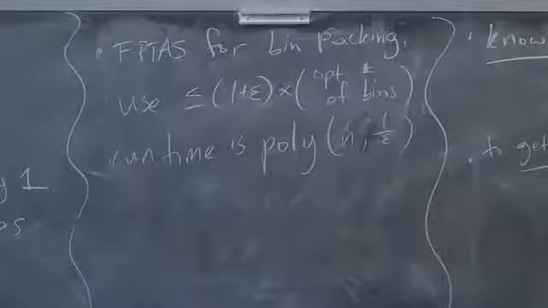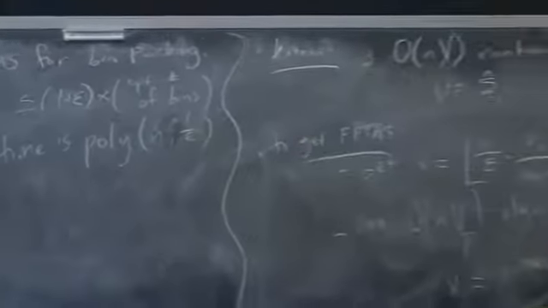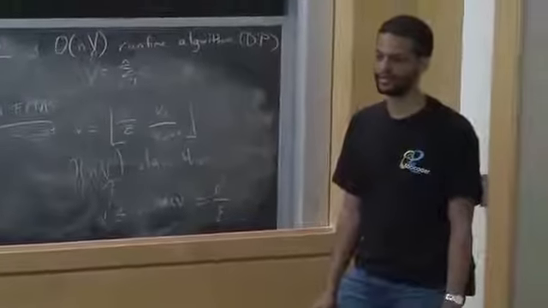Right? Do you expect to have an FPTAS for bin packing? Why not? Okay. So you can't find a solution that uses fewer than that many bins. But why can't you? Because that epsilon is smaller than 1 over n. Yeah.